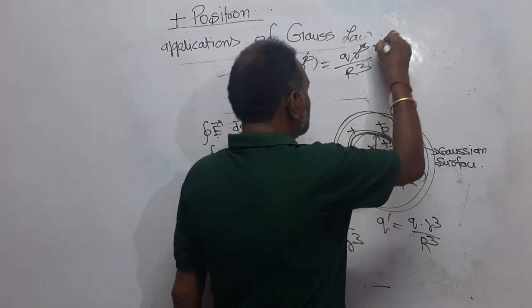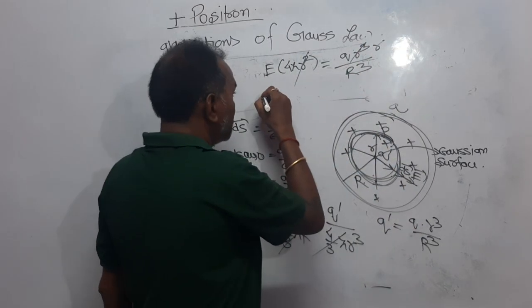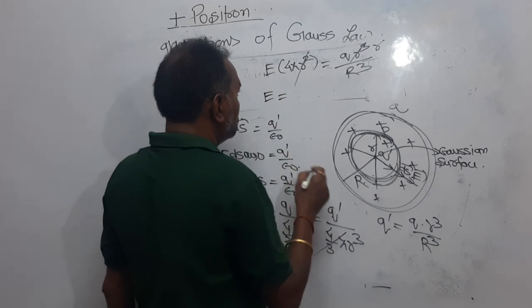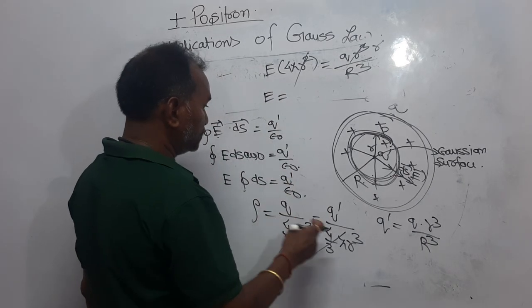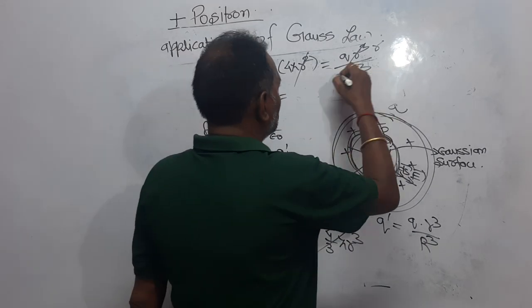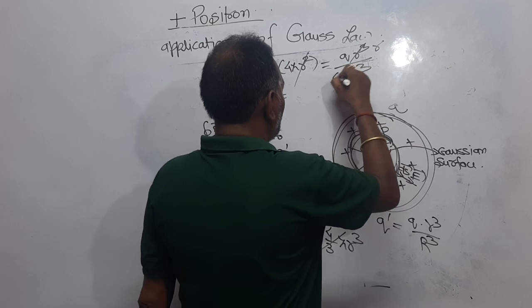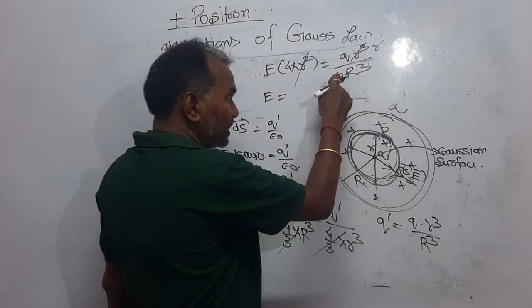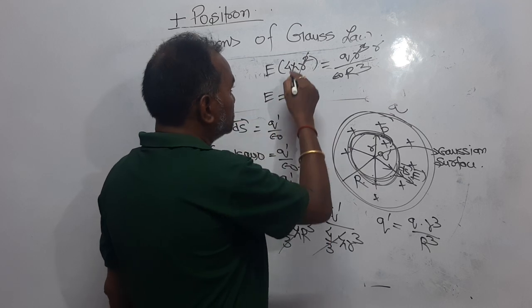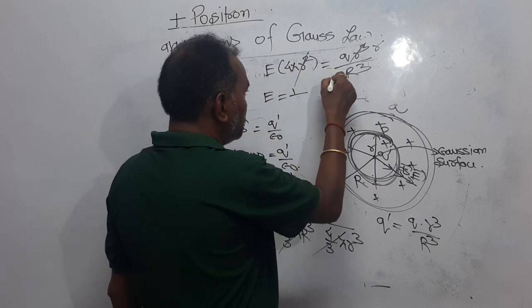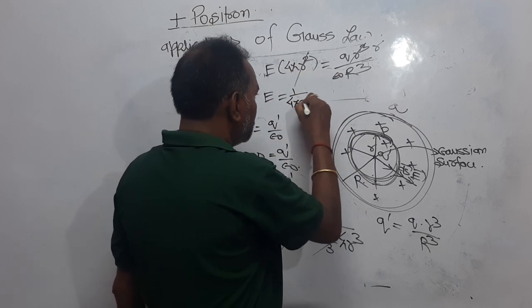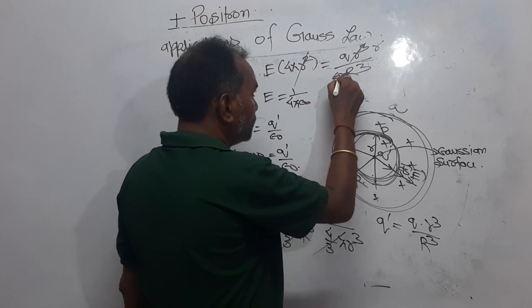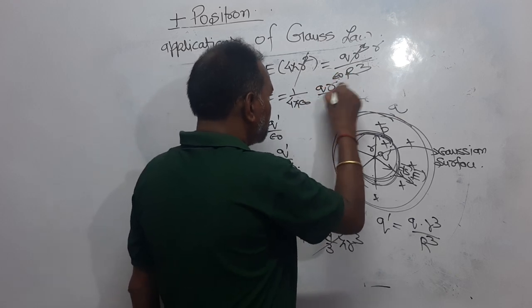This will cancel, it will be left with r. So E is equal to q dash over epsilon naught. So here is an epsilon naught also. This is the value of q dash over epsilon naught. Now E is equal to, along with this 4 pi epsilon naught, q r upon r cube.